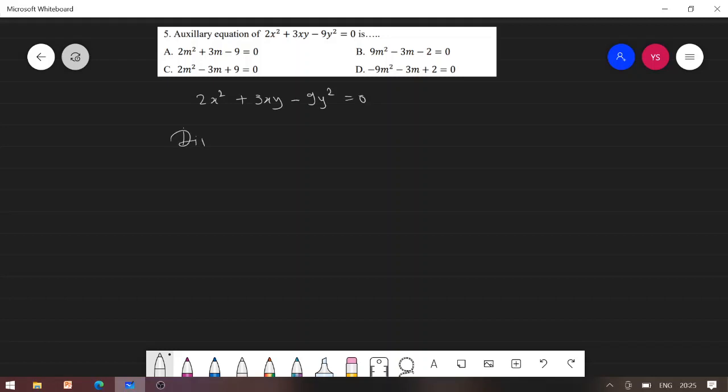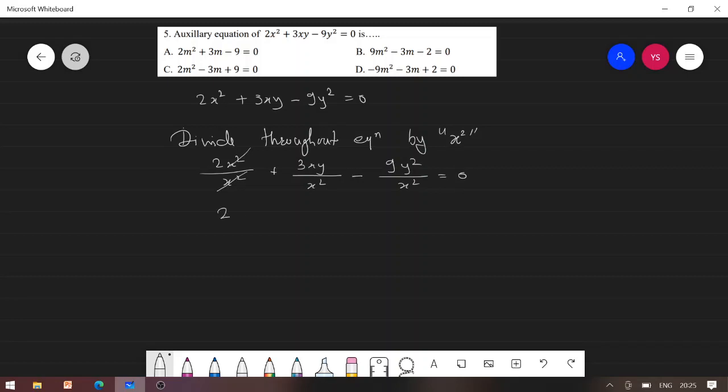Now divide throughout the equation by x square. We get 2x square divided by x square plus 3 times xy divided by x square minus 9y square divided by x square, that equals 0.